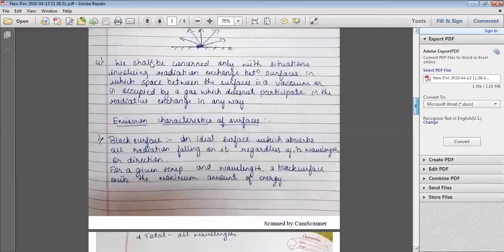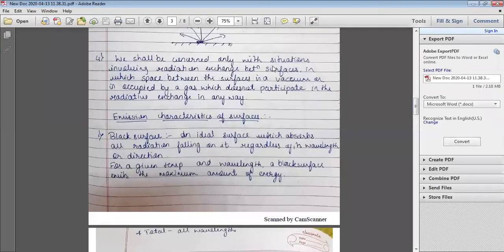That is, we shall be concerned only with situations involving radiation exchange between surfaces in which the space between the surfaces is a vacuum or is occupied by a gas which does not participate in radiative exchange in any way.